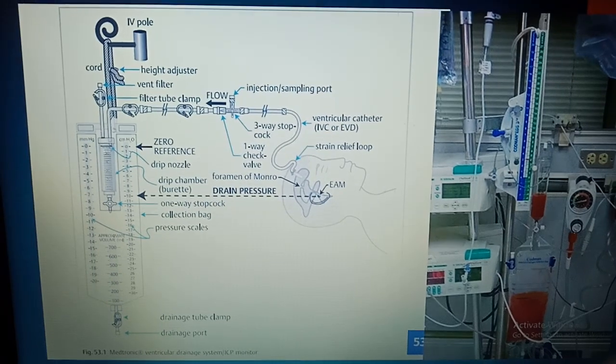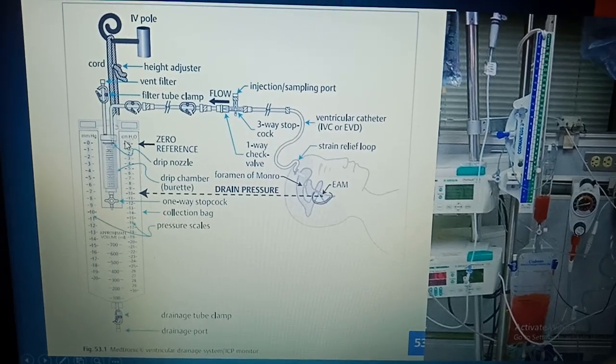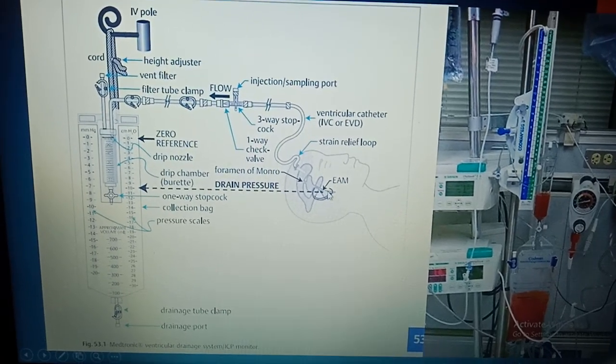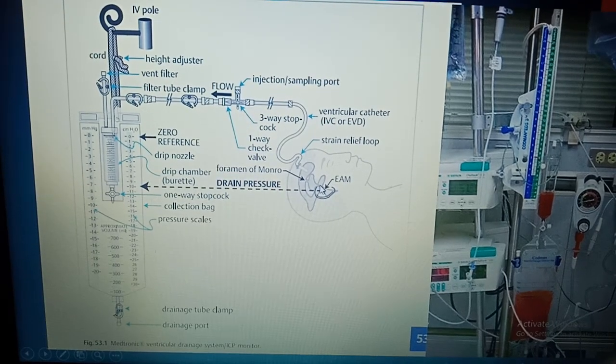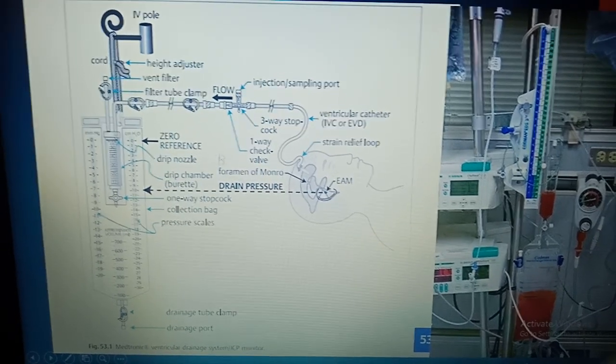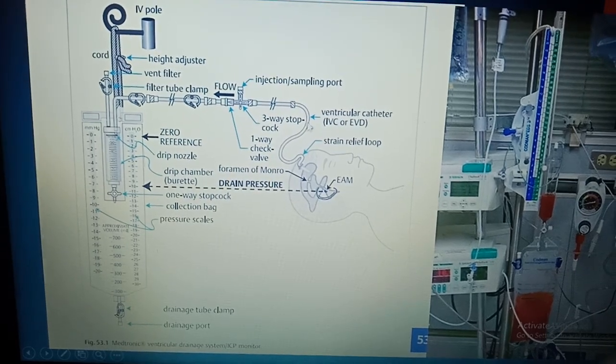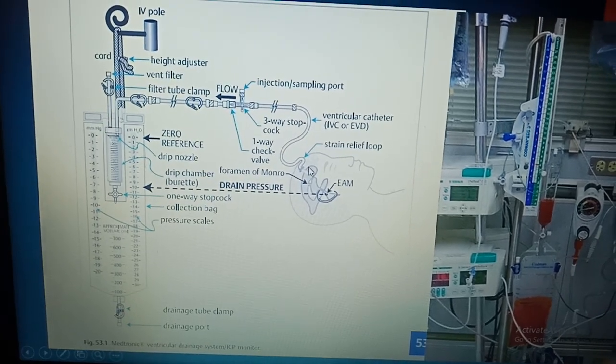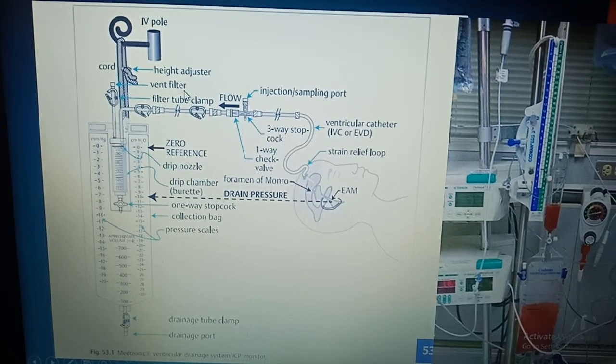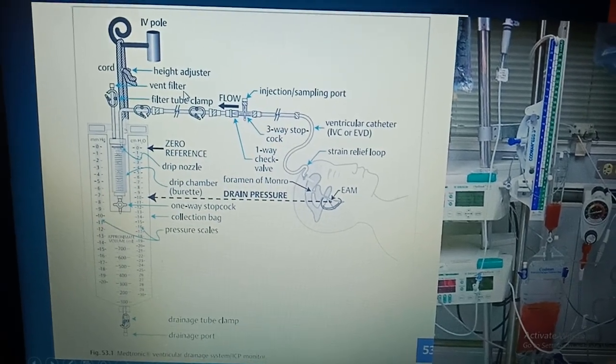Now this is the zero reference point, and basically you should know that it should be 8 centimeters above the external auditory meatus. And this is the filter tube clamp, and this is how you can go for therapeutic as well as the diagnostic, that is the monitoring purpose.